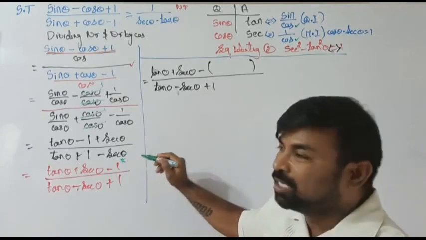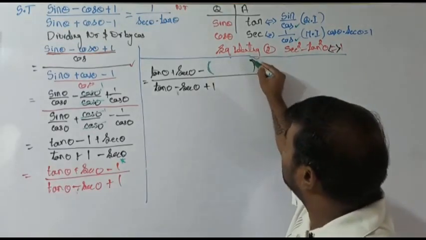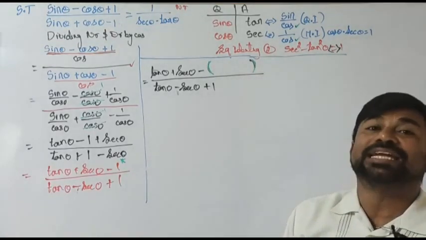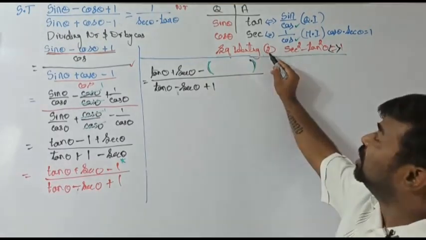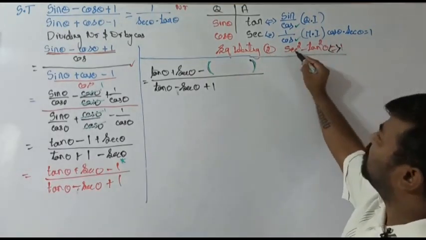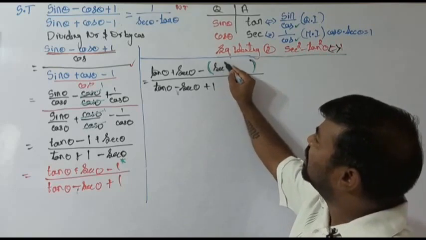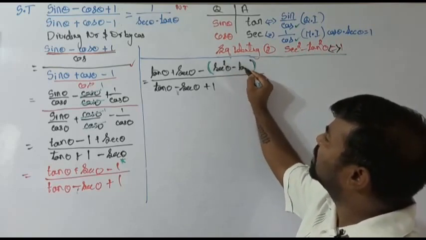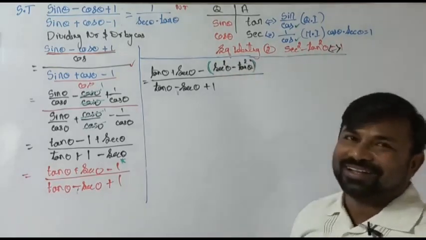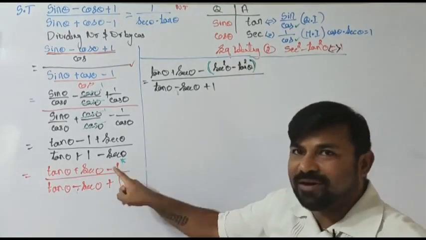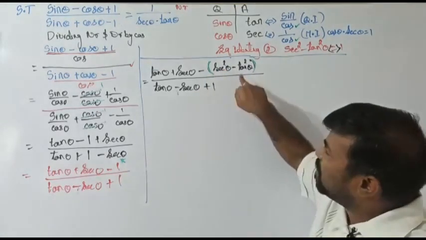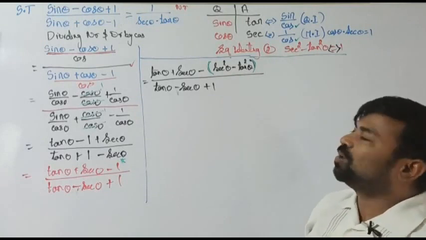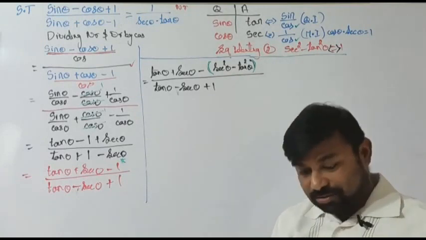Only the green one I am writing in terms of the square identity. What is that? In the place of 1 I am writing secant square theta minus tan square theta. Hope you got it. In the place of 1, I kept a bracket. In that bracket, I have inserted secant square theta minus tan square theta.